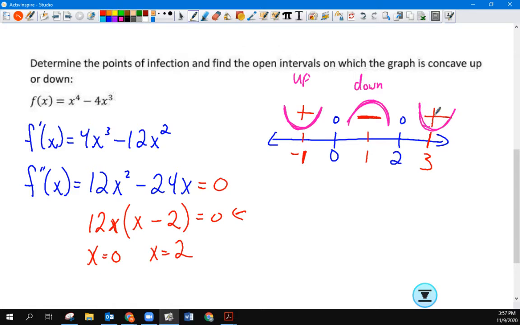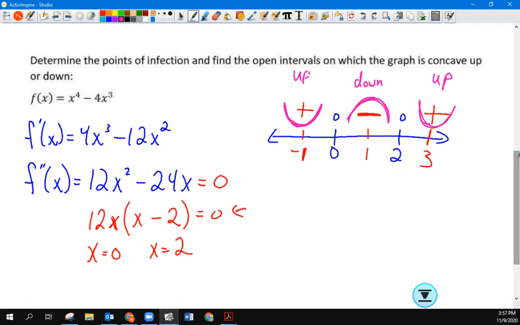Here I'm concave up. Just like in a first derivative test, if this was positive to positive, it would not be a critical point. It wouldn't be a maximum or minimum. If this was positive and this was positive, then this would not be a point of inflection. But because it changes from positive to negative, and this one changes from negative to positive, they are both points of inflection.